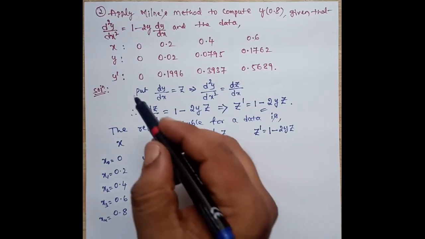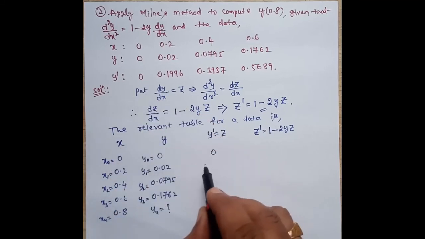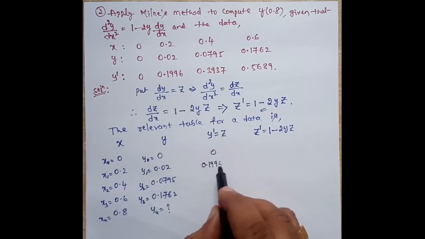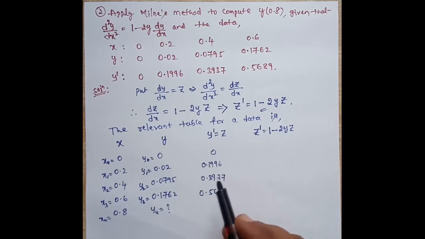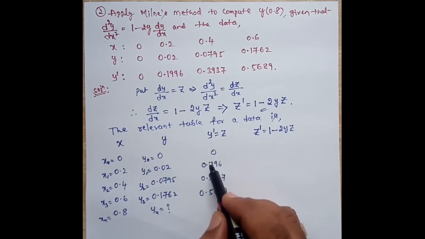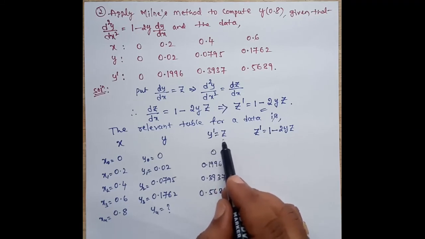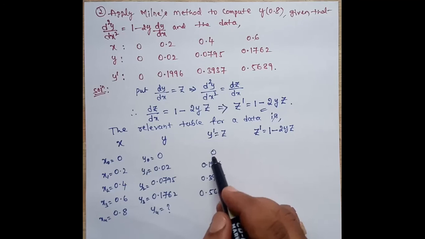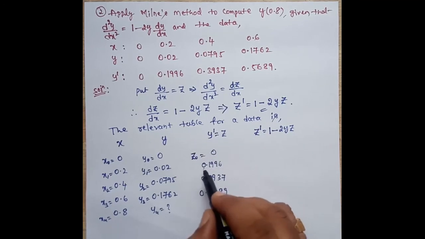Now the corresponding y dash values are 0, 0.1996, 0.3937 and 0.5689. These are the values of y dash: y0 dash, y1 dash, etc. But y dash is taken as z, so instead of writing y0 dash, I'll write z0.